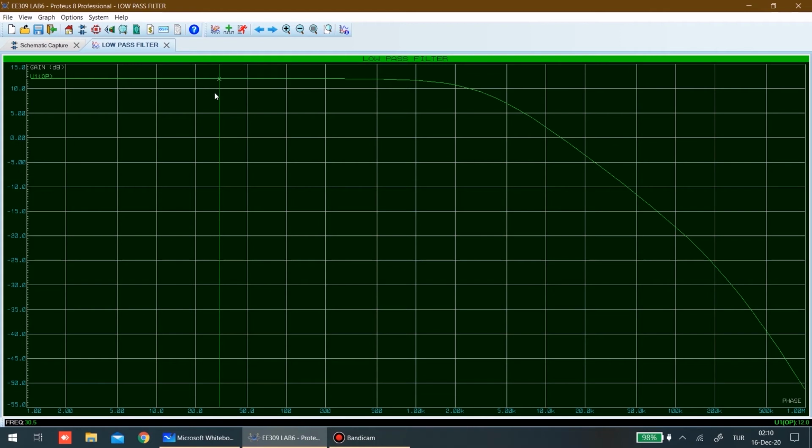Now we are searching for 3 dBs below the passband, which corresponds to 9 dBs. Here is the cutoff frequency, approximately 3.41 kilohertz.